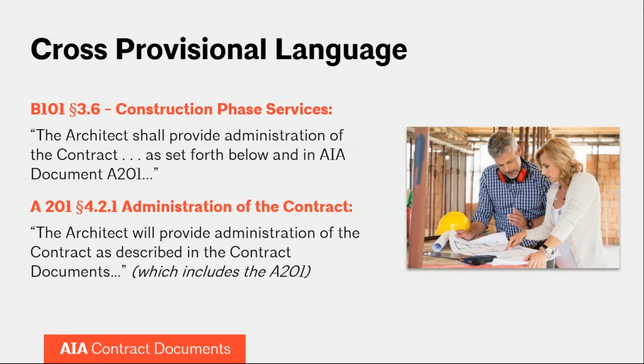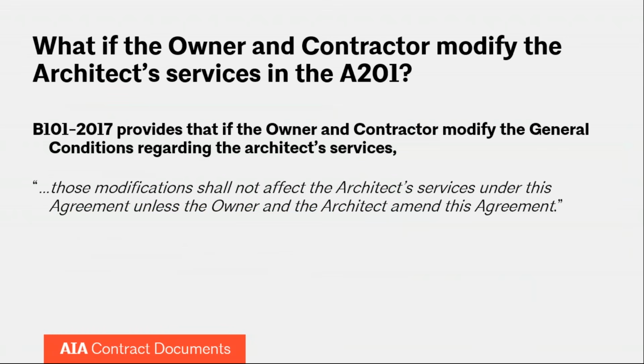But what happens if the owner and the contractor modify the architect's responsibilities in the A201, but they don't change them in the B101? That is something that happens somewhat frequently, and if at all possible, should be avoided. The B101 actually says that those modifications do not affect the architect unless the owner also agrees and amends its agreement with the architect.